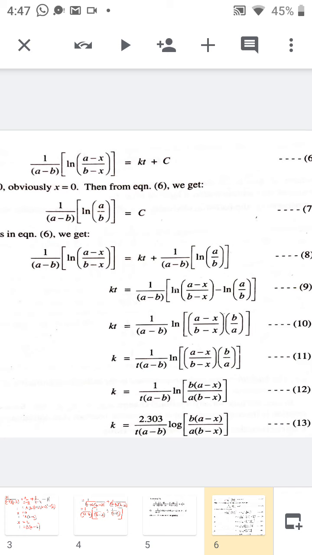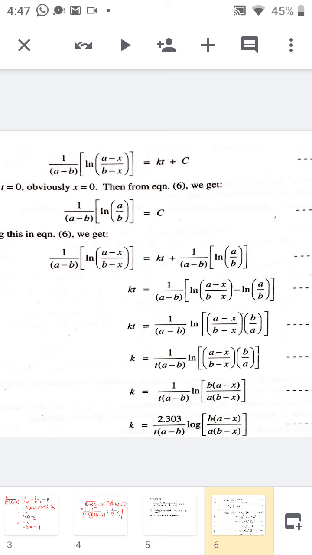It becomes 1 by (a minus b) into ln [(a minus x) divided by (b minus x)] equal to kt plus 1 by (a minus b) into ln (a by b). After rearranging, we move the term 1 by (a minus b) to one side. So our equation becomes kt equal to 1 by (a minus b) into [ln (a minus x) divided by (b minus x) minus ln (a by b)].